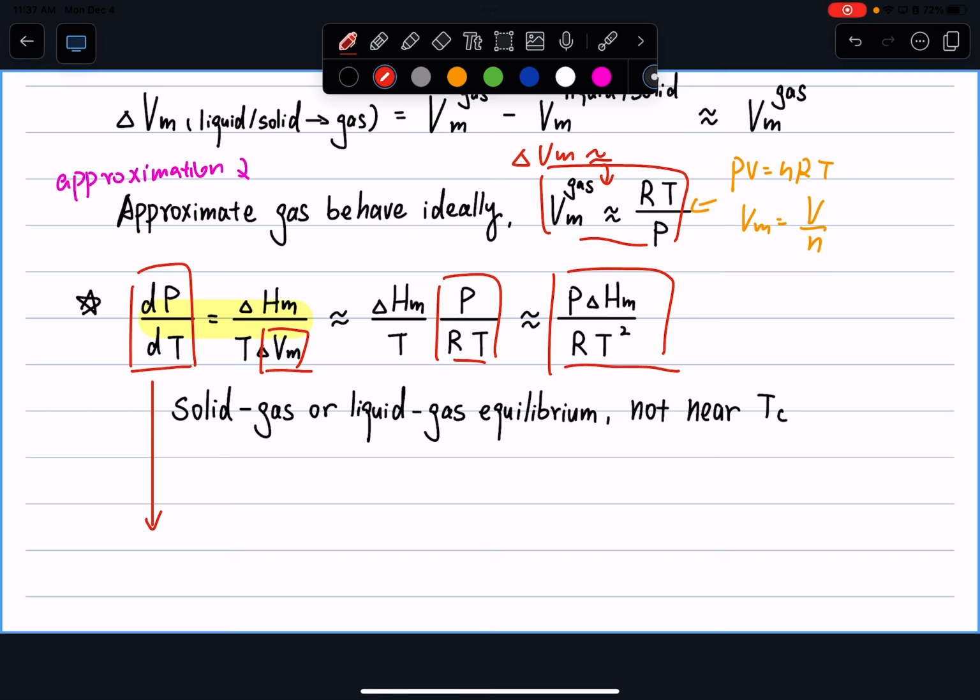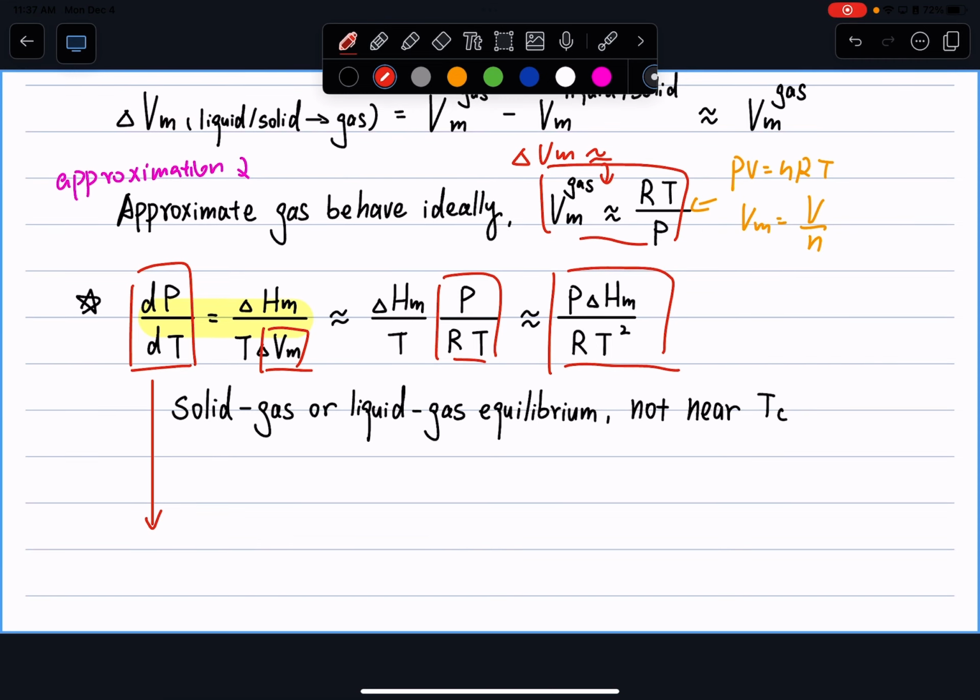Next, we're going to use a little bit of calculus. What we have is the differential of 1 over T, d(1/T) over dT, equals negative 1 over T squared.